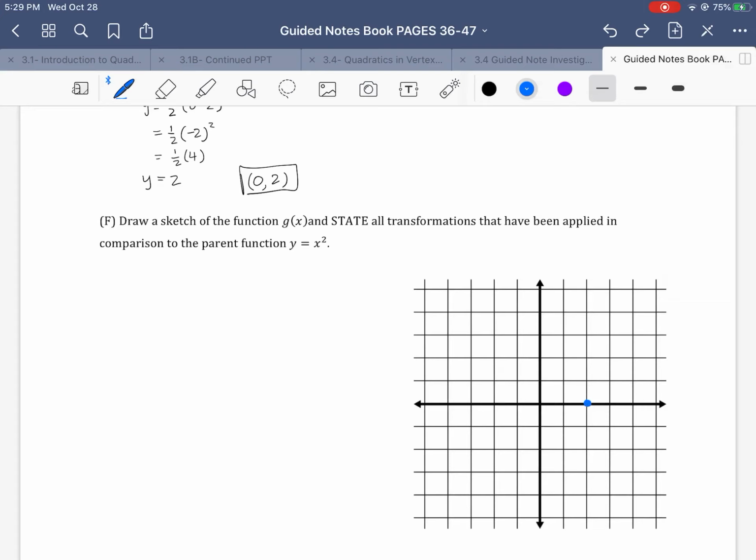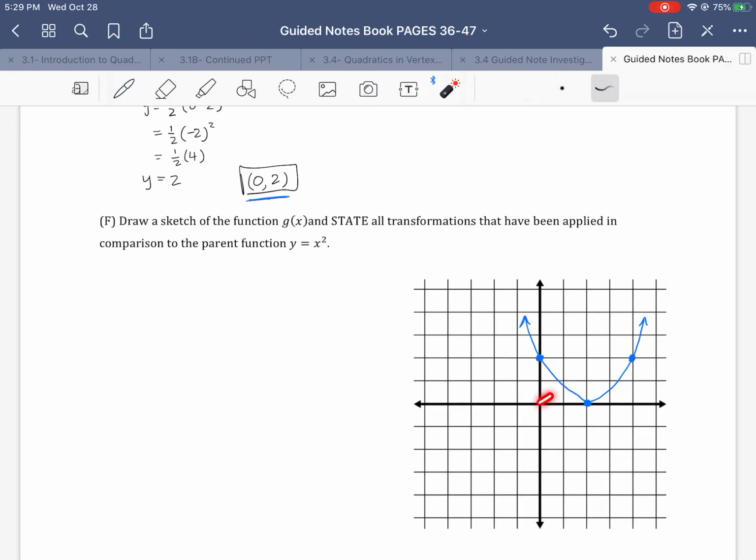So I'm just going to come over here at 2, 0. It looks like that's where my vertex is. Again, that y-intercept was 0, 2, so I know it's going to cross here. And if it has to be symmetric, and that's my vertex, then I know it also crosses over here. So notice on this one, I can create a nice little U shape just using those points.